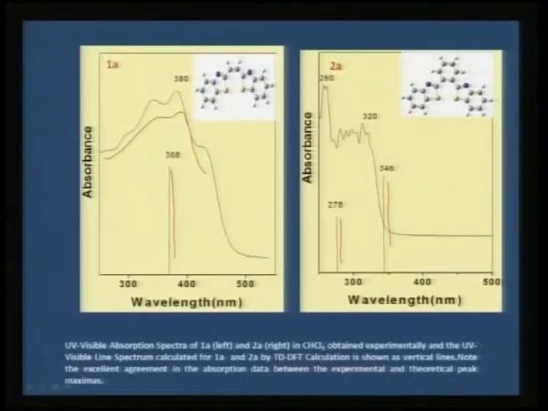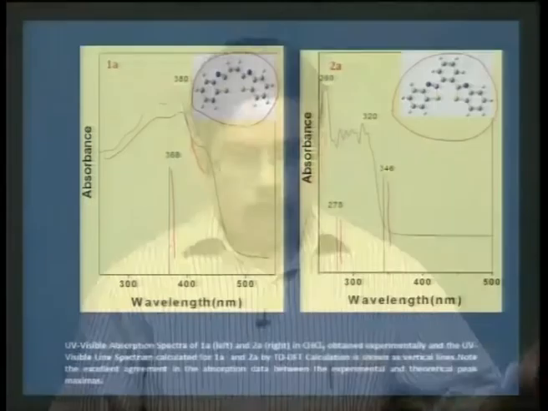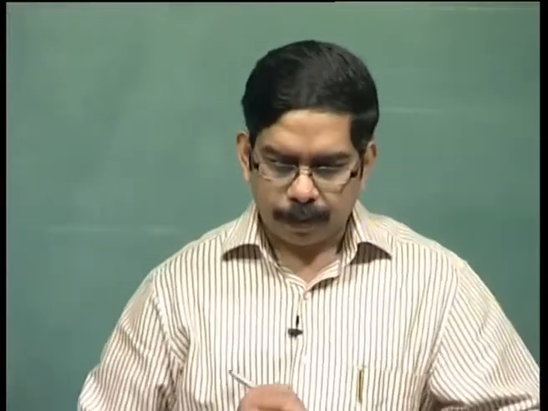So we can say that the theoretical analysis goes well with the experimental data. Therefore whatever structure that we are predicting due to optimization of this geometry is nearly the same as what we observe in the experiments.